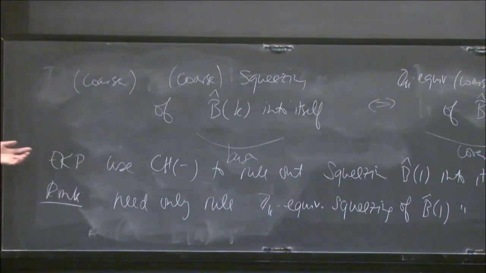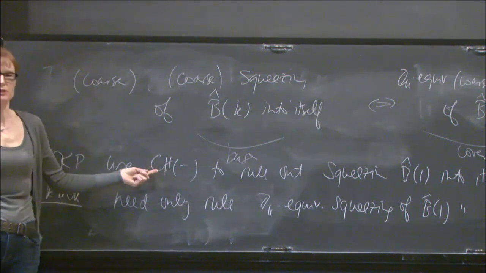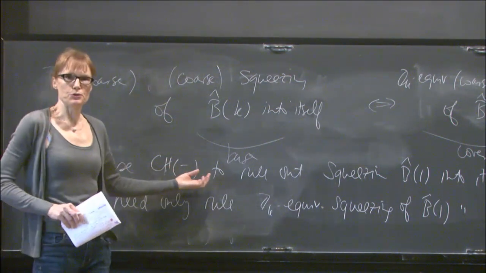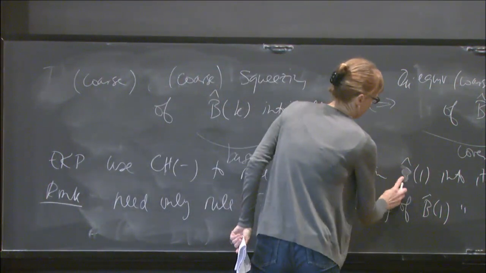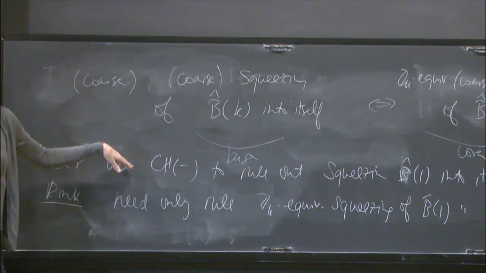Okay, unfortunately, this hat B_1 is the only pre-quantized ball that contact homology, at least as they have defined it, can be used as a tool to prohibit squeezing. So it can only be done for hat B_1.